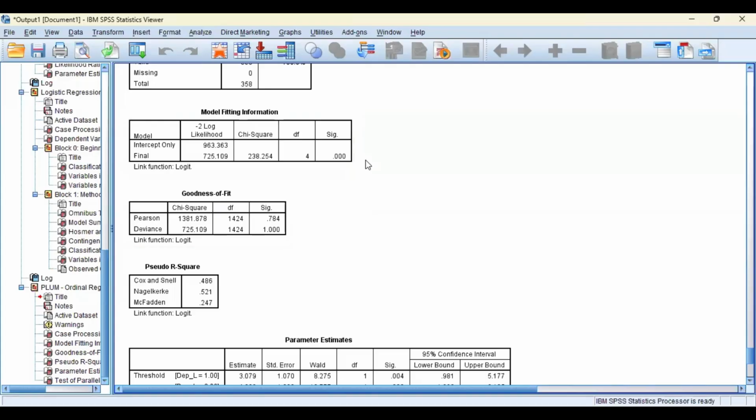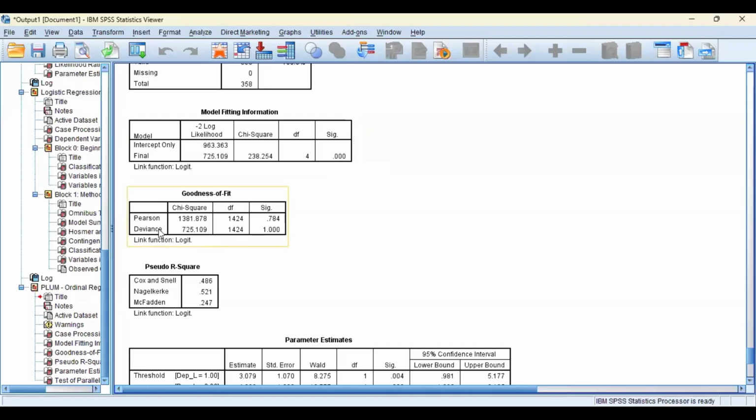In summary, you want a significant chi-square here in model fitting, that is about the likelihood, for the final model. You need to report the chi-square and the significance, and ideally you want it to be significant. However, here in goodness of fit, you don't want it to be significant.